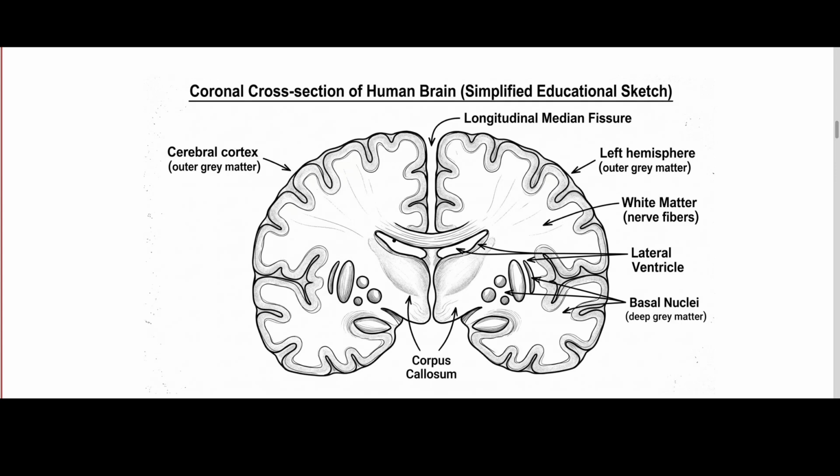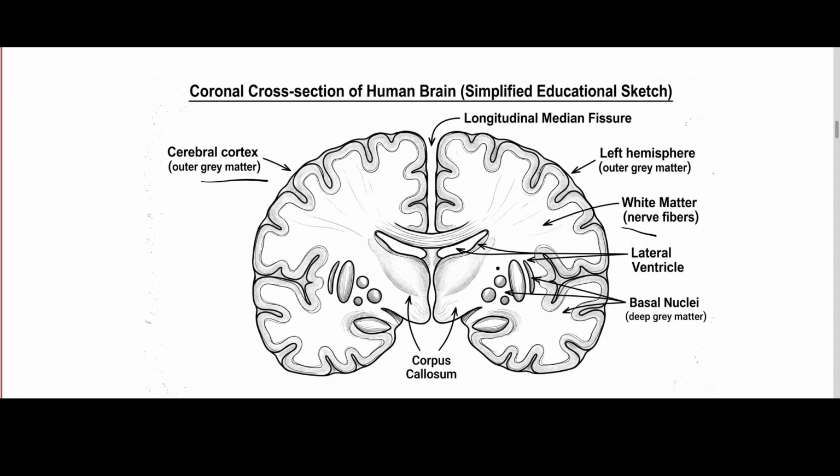Now, when we look at this coronal section of the cerebrum, we can see the cerebral cortex, which is the outer gray matter, and it contains cell bodies of neurons. Now deep to the cerebral cortex we have the white matter, which is made up of axons that connect different parts of the brain.